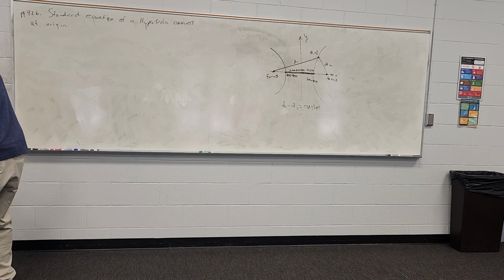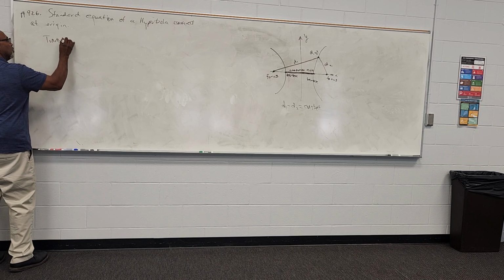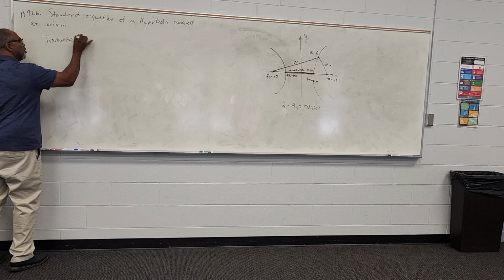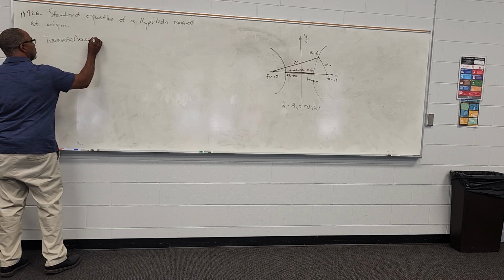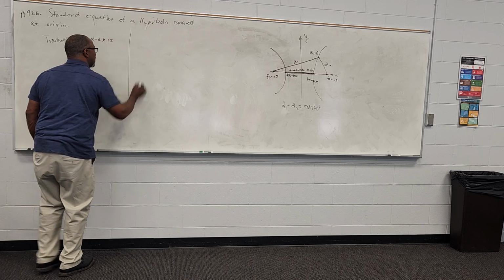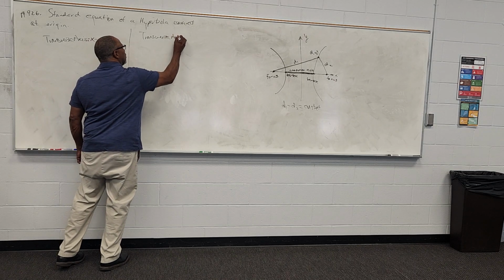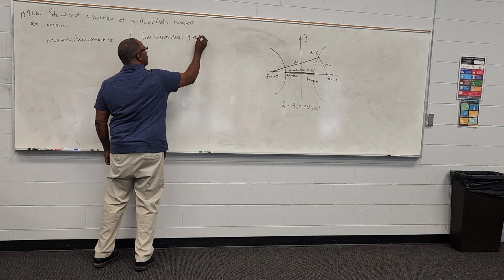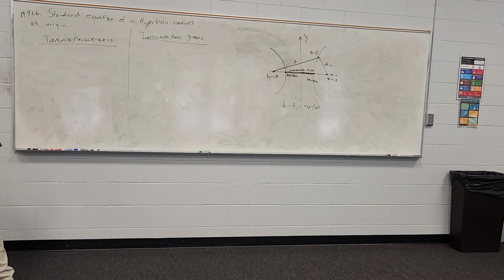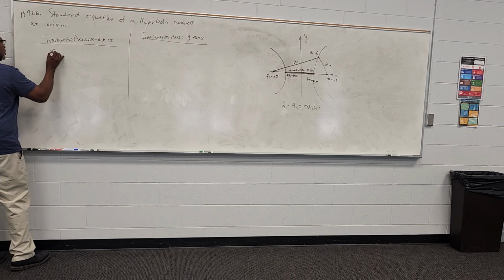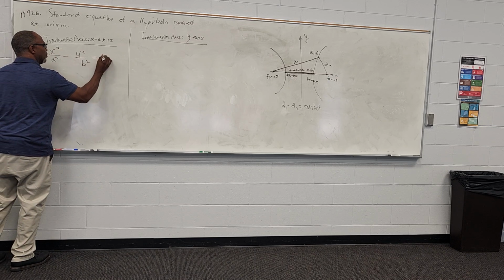Again, two cases. One case is the transverse axis is the x-axis. Second case, the transverse axis is the y-axis. If the transverse axis is the x-axis, the equation is x squared over a squared minus y squared over b squared equals 1.